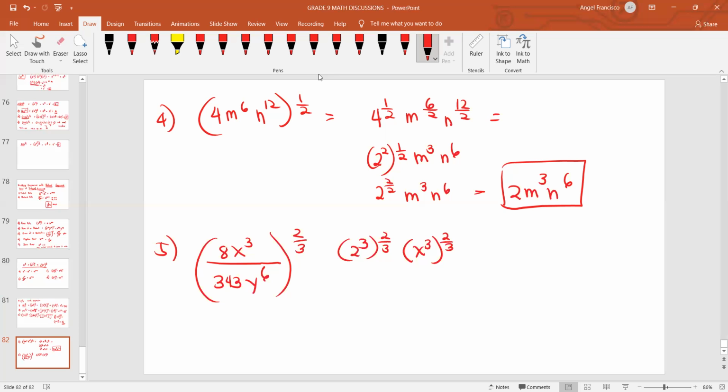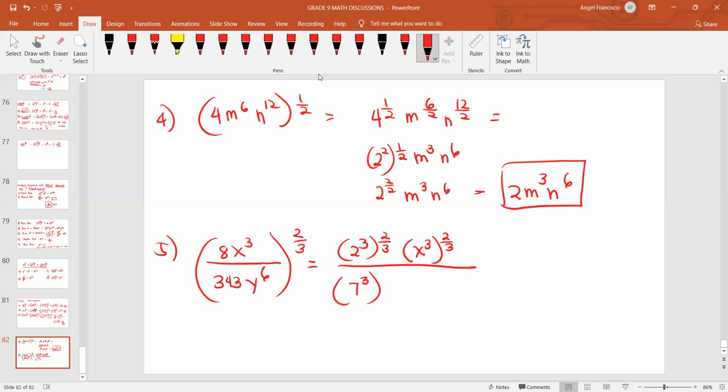So, i-multiply natin doon, gagawin natin exponent ng 8, gagawin natin exponent ng x to the 3rd power. And then, you have ang 343, pwede nating ilagay sa 7 to the third power, right? Tatlong 7 ay 343.